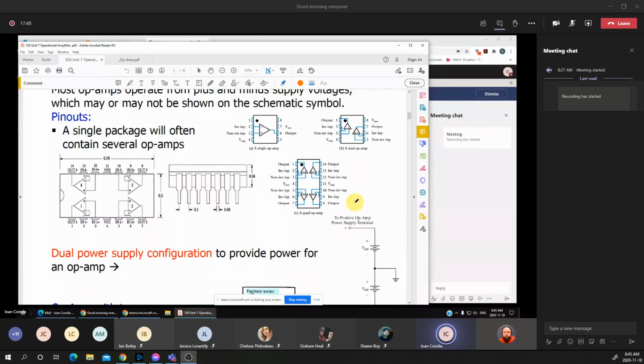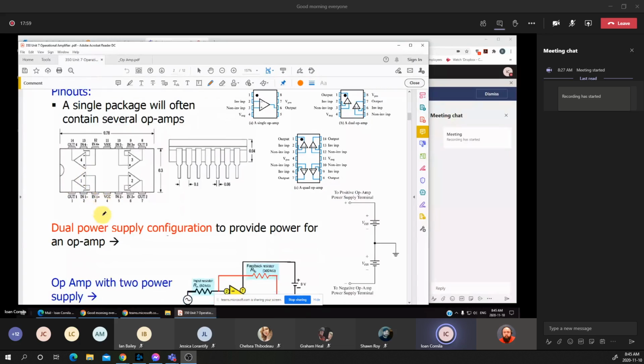We may see some operational amplifiers that have 14 pins, and some of them may actually have 4 operational amplifiers in them. As in this example, we have 4 operational amplifiers, and you notice that the V plus and the V minus have a different label, as the VEE and the VCC.